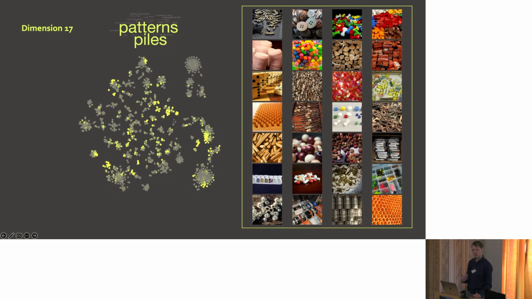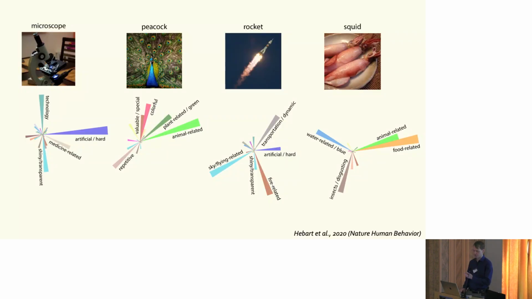In other words, what this approach has revealed is a set of interpretable dimensions that are both more high-level conceptual and more basic visual, spanning the different types of features that people use when they make these similarity judgments. And you can now turn the whole thing around and look at individual images, and characterize them as a combination of these different dimensions.